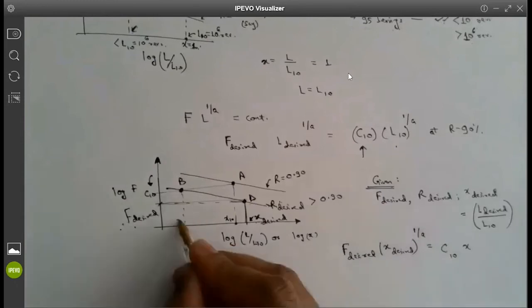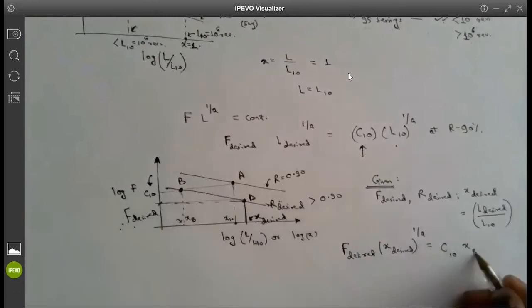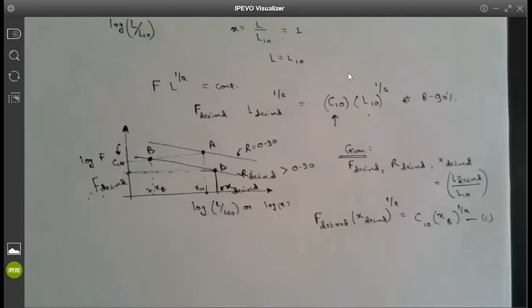The dimensionless life at point B is 1 over A. It is just the load-life relationship we use: load times life raised to the power 1 over A is constant.